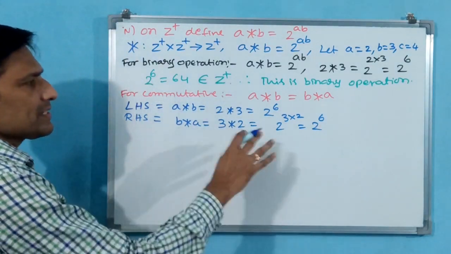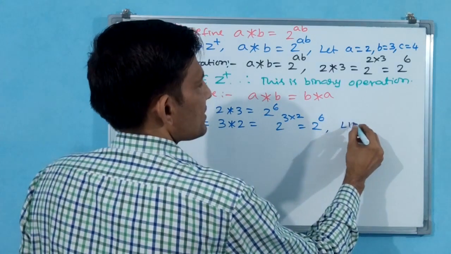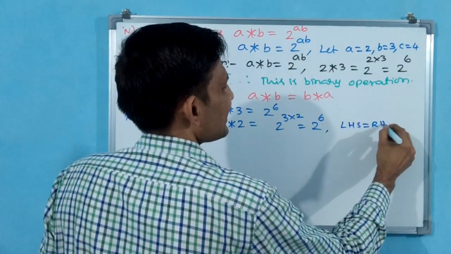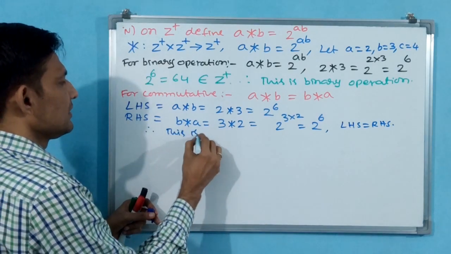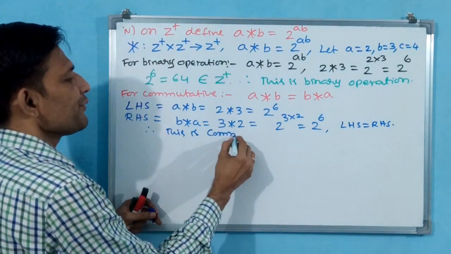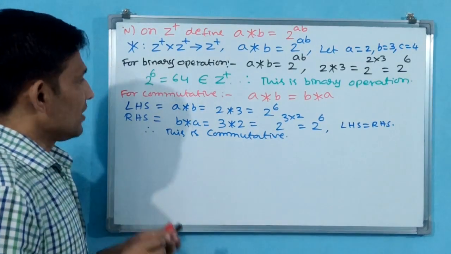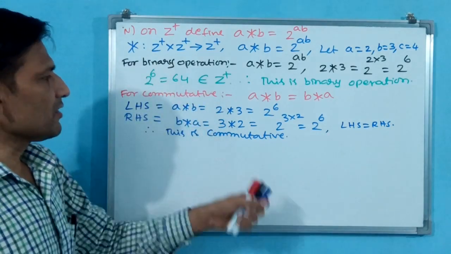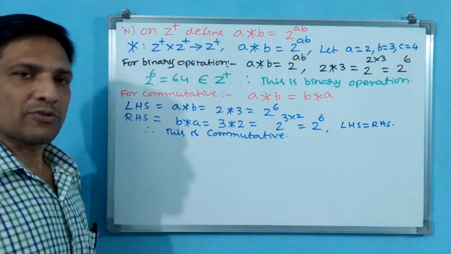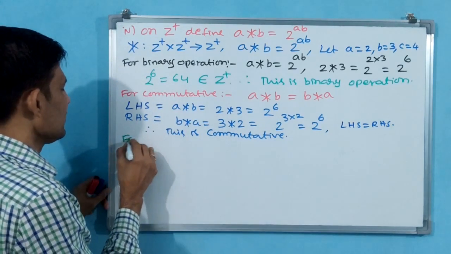Now LHS is equal to RHS. You write LHS is equal to RHS. Therefore, this is commutative. Now we have seen binary and commutative. Let us go for associative also. Write for associative.